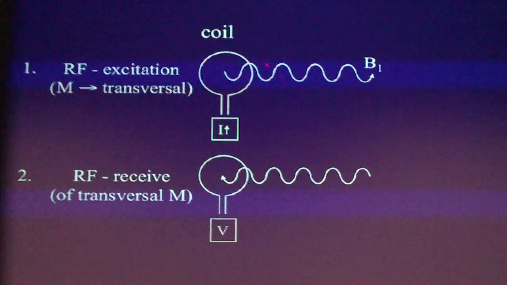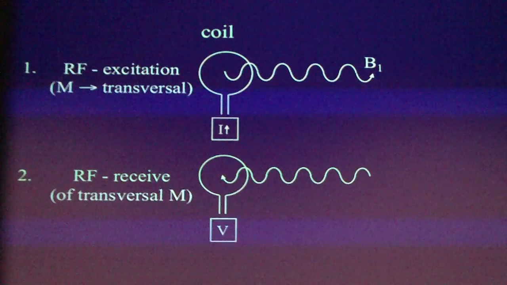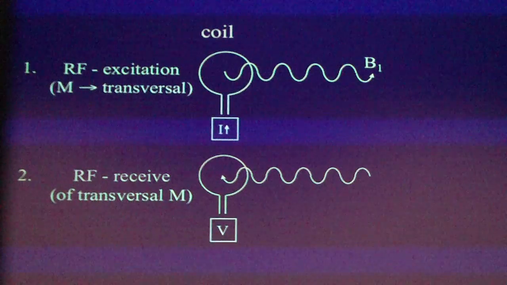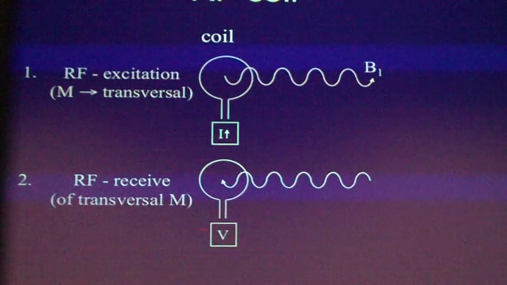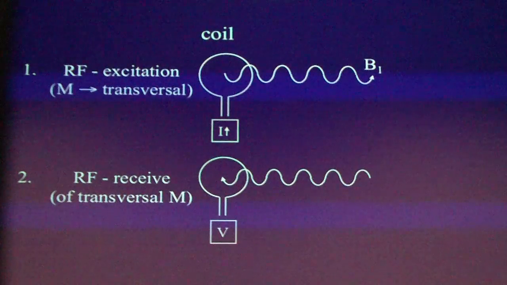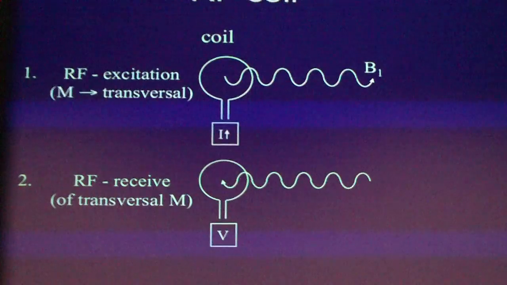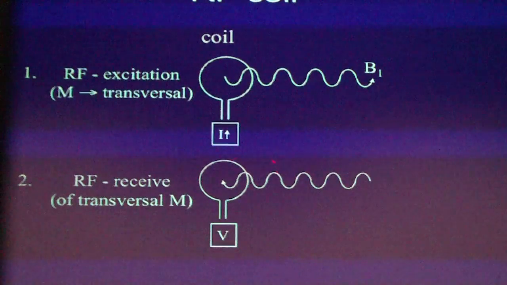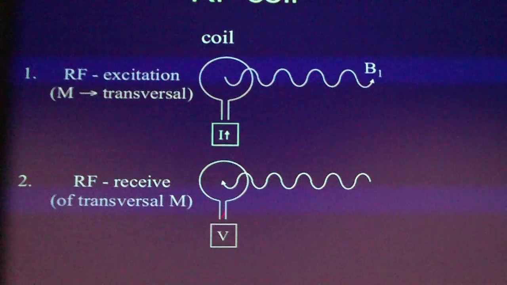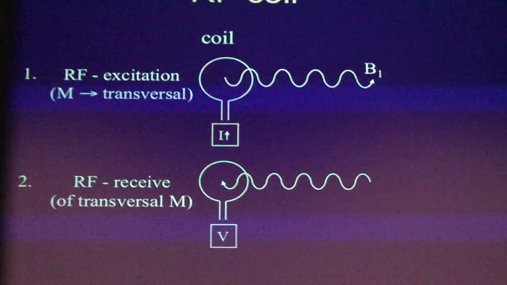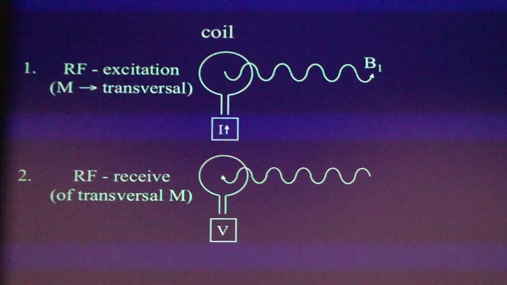So you use coils for two things. One coil is to get the magnetization out of the main orientation of the magnetic field, and the other coil is to receive the signal. So the changing magnetic field will then induce a current in this coil, which is your measurement. This can actually also be done by the same coil. Sometimes it's different coils, sometimes it's the same.